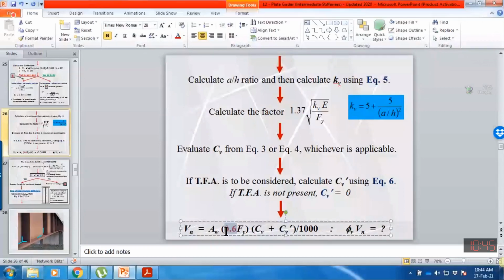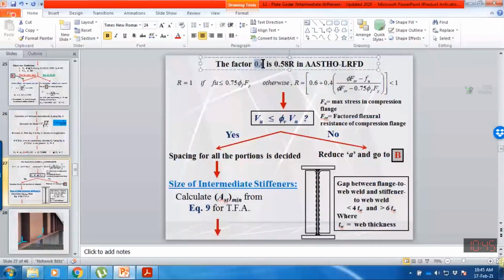So the factor 0.6 is equal to 0.58 R in AASHTO LRFD. If Fu is less than 0.755 Fy, then the R value is equal to 1.